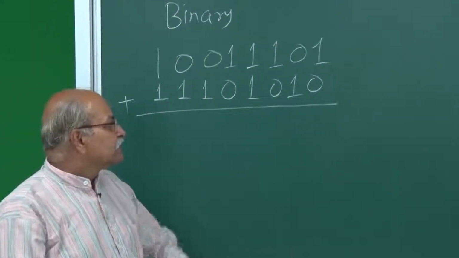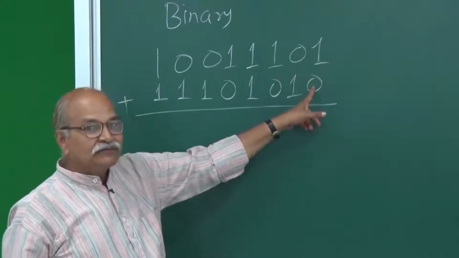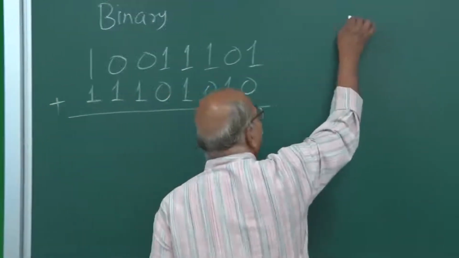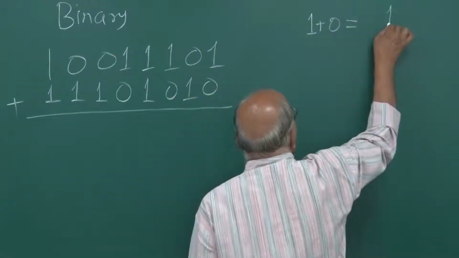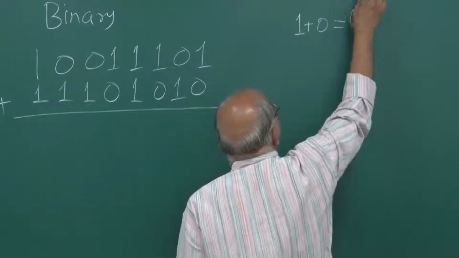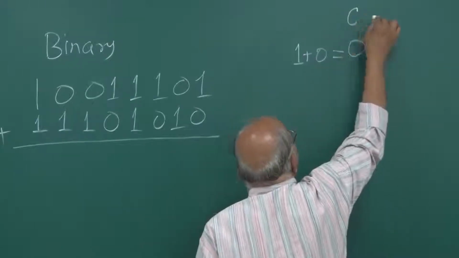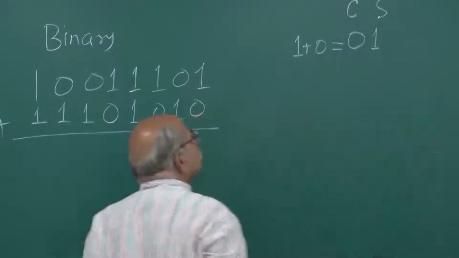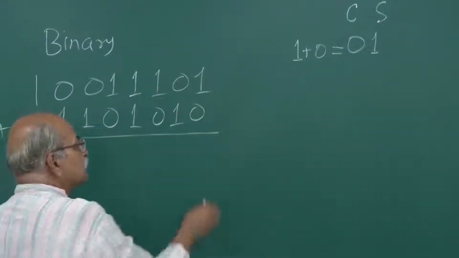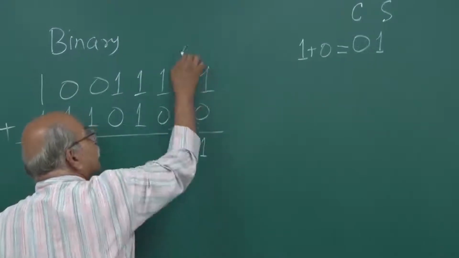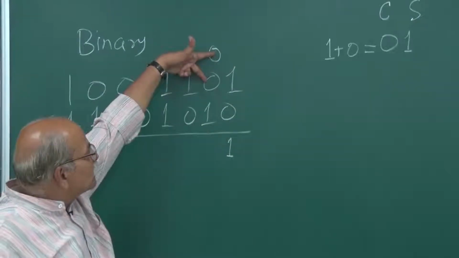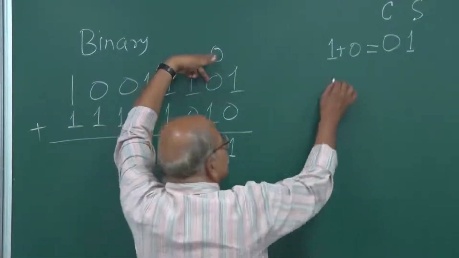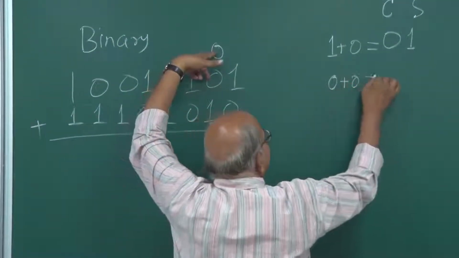So what do I need? 1 plus 0. I should know that 1 plus 0 is 1, and if I write 1, I also write 0 here. So this is the carry digit and this is the sum digit. So 1 plus 1 gives me a sum that I write here, and the carry I write here. Then 0 plus 0. I should know that 0 plus 0 is 0.